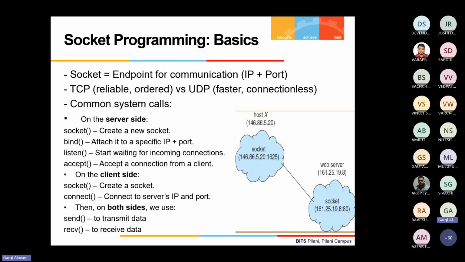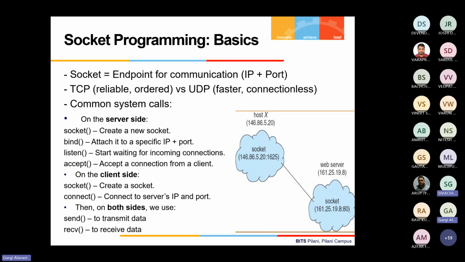So, how does socket programming work? The common system calls for socket programming on the server side are: the function socket, which will create a new socket. Then bind, which will attach a specific IP address to your port.